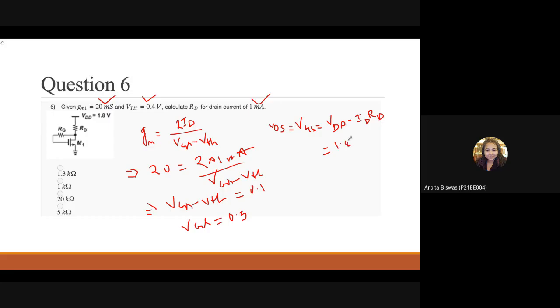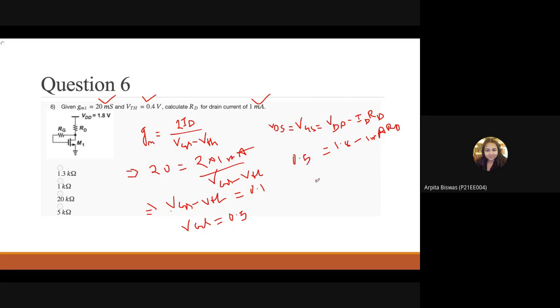And ID value is 1 milliamp, into the RD value. RD you have to find out, and VGS is given as 0.5.